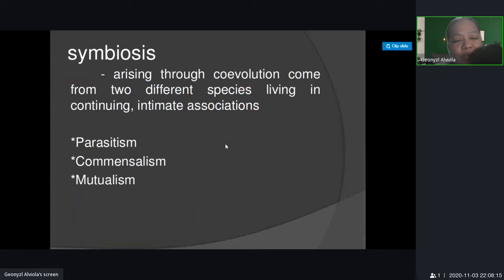Another example of commensalism: humans and E. coli. The E. coli in a controlled population in the gut of the human will only get the nutrients, breaking down the food as the human eats and it passes through the intestine.